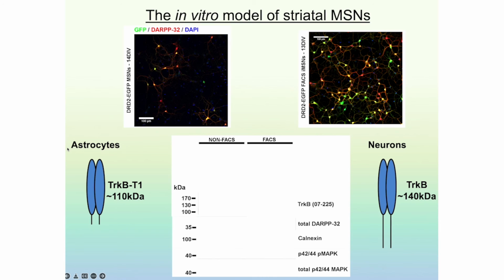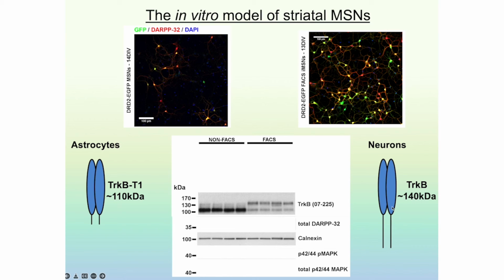When we compared non-FACS sorted to FACS sorted cultures by Western blot analysis, we first ensured that all lanes are equally loaded by calnexin, and then we compared TrkB expression in those cultures. In non-FACS sorted cultures, we can find a significant band at 110 kilodalton, representing the truncated receptor, due to the high amount of astrocytes, and we cannot really see the 140 kilodalton full-length TrkB.